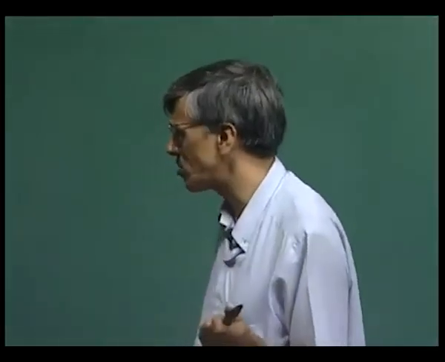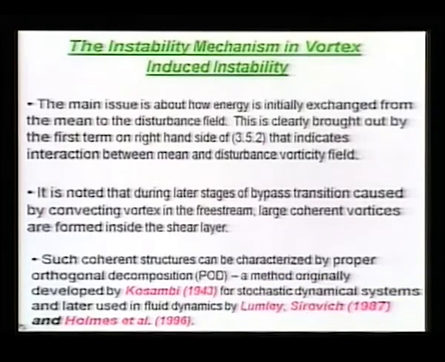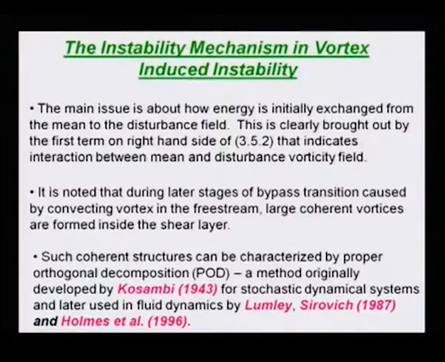In this context of vortex induced instability and creation of coherent vortices inside the shear layer, we should recognize the early seminal contribution by Kosambi in 1943. He wrote a path breaking paper which remained largely ignored for a long time.